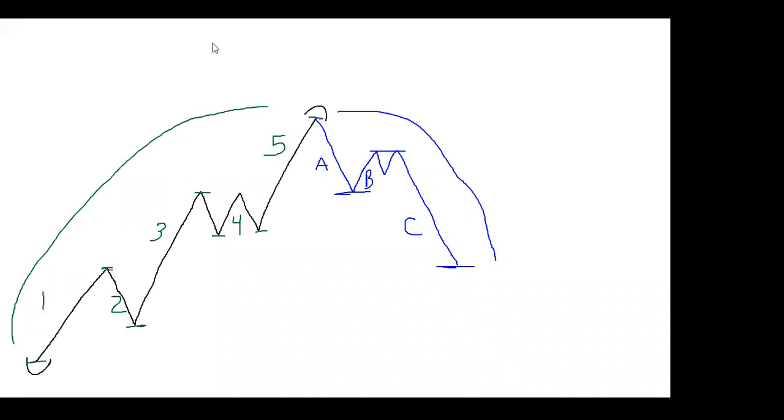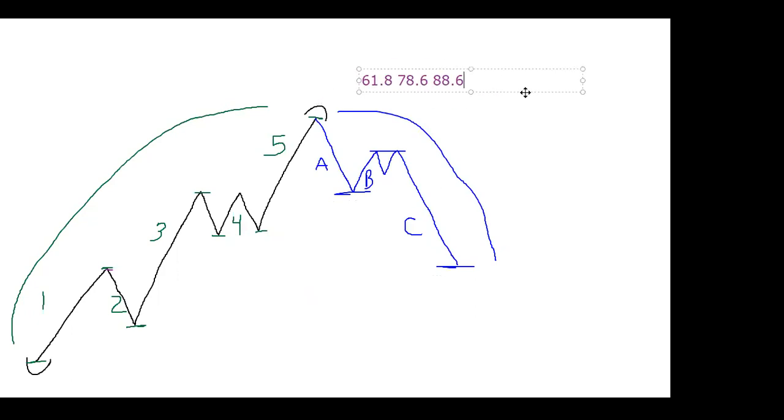We've got the 78.6, the 61.8, which is the golden ratio, and the 88.6, which are 3 different ratios we look to enter off of, with market structure.